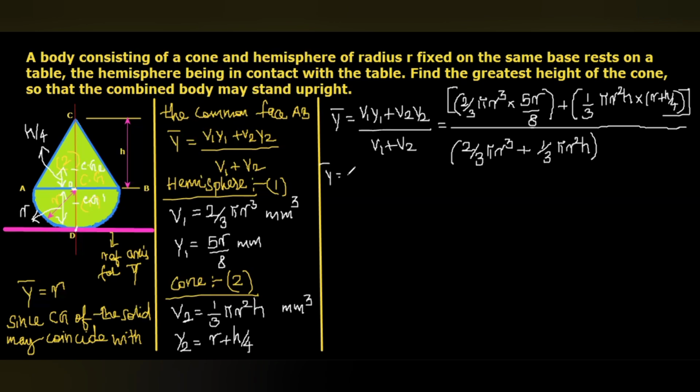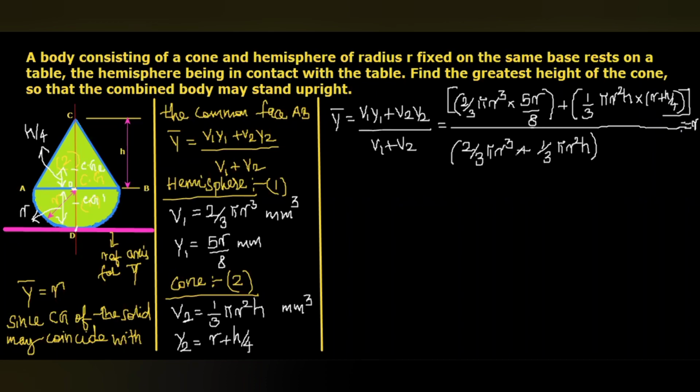Y bar equals r, because to avoid toppling, the center of gravity should preferably be below the face AB. At maximum it can coincide on the face AB, corresponding to maximum height. If it is above the common face AB, then it will topple. So we can write y bar equals r.